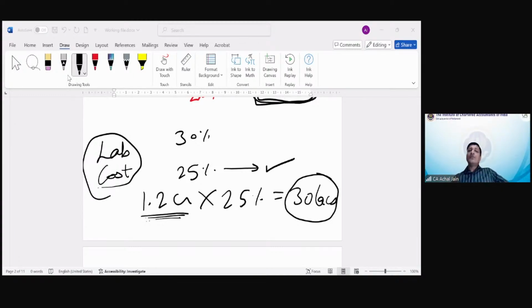Because even if you look at the question, you will not know whether the incentive is payable or not, but the question asked you to assume that incentive will be given. Hardik is saying penalty is there. No, penalty is not there if you fail to complete in 2 years, 10 months. Penalty is there if you go beyond 3 years and 2 months. So I think you need to be very clear on this aspect.